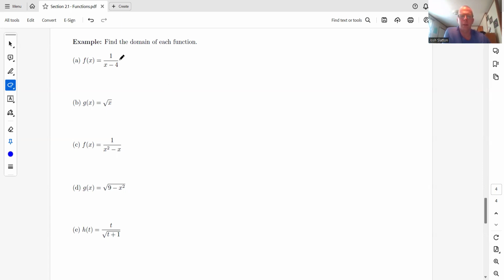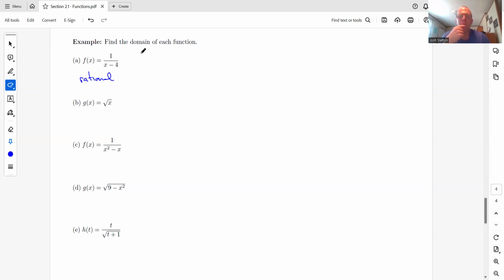For instance, this is a rational function. Whenever you have an x in the denominator like this, we're typically talking about a rational function. Rational is referring to fractions, so rational functions are typically one polynomial over another polynomial, which we'll talk about a lot.